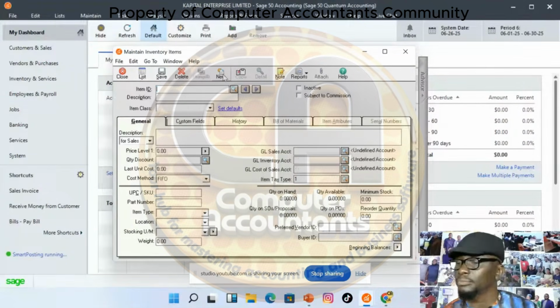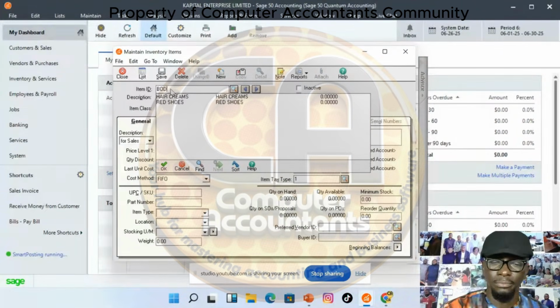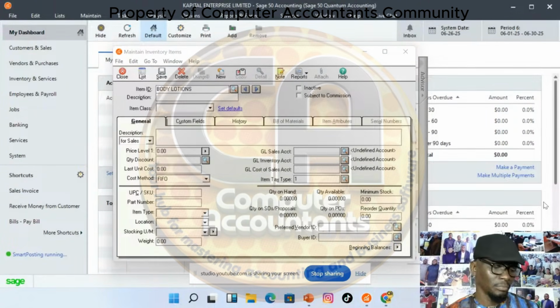Then new. So the next on the line is body lotion. Body lotions, yeah, correct.